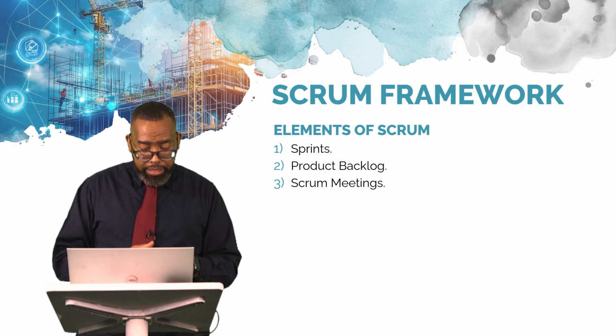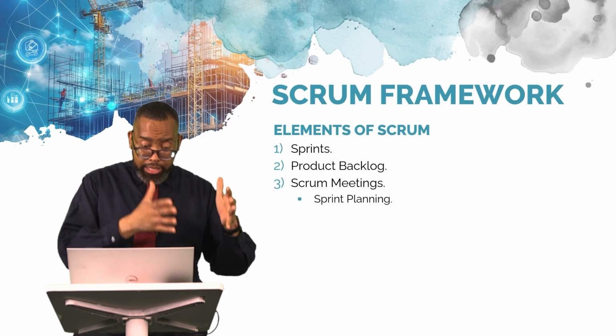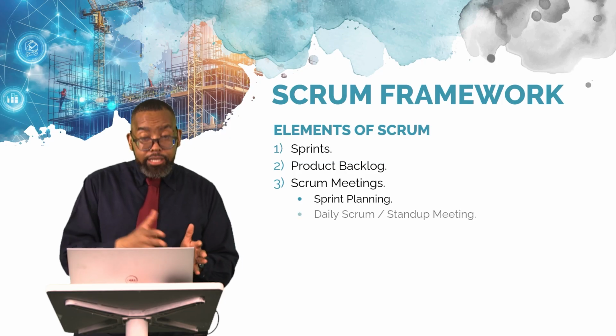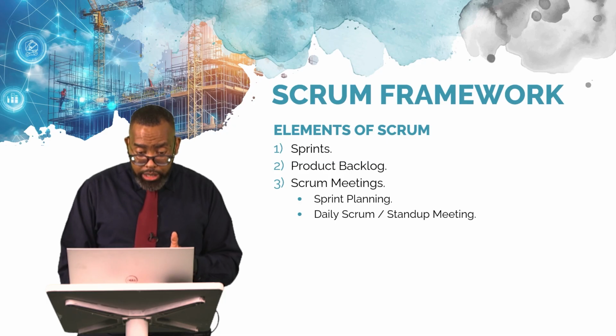There are effectively four meetings, namely the sprint planning meeting, which happens at the start of an iteration. Then you've got the daily Scrum or the daily stand-up meeting, and this happens within the iteration.